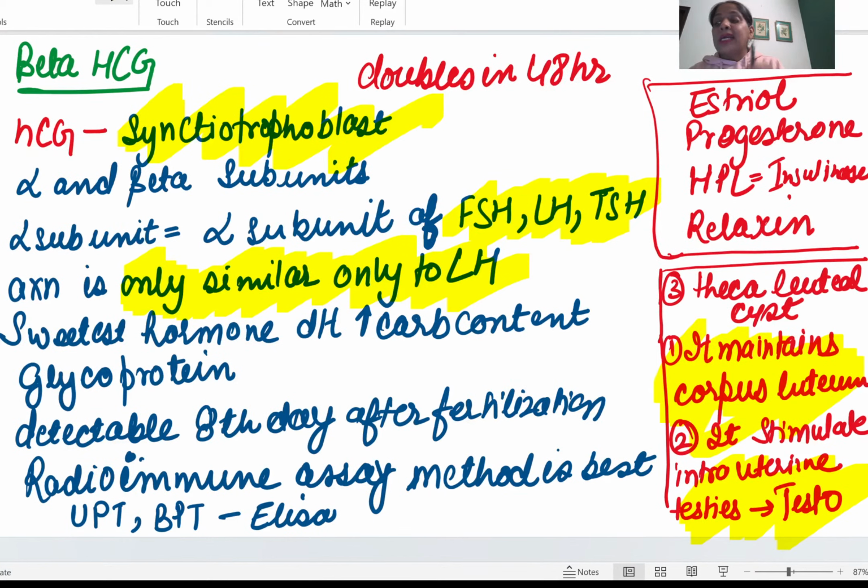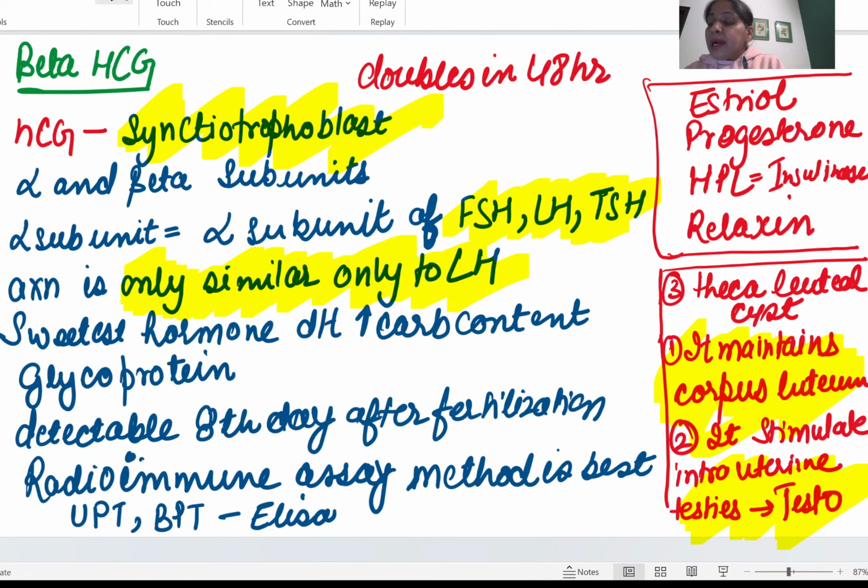This one is the last NEET PG 22 question: who gives the stimulus to the male fetus in early pregnancy to synthesize testosterone? The answer is HCG.